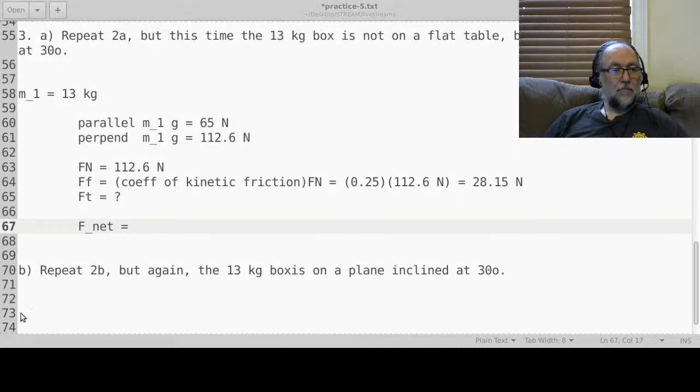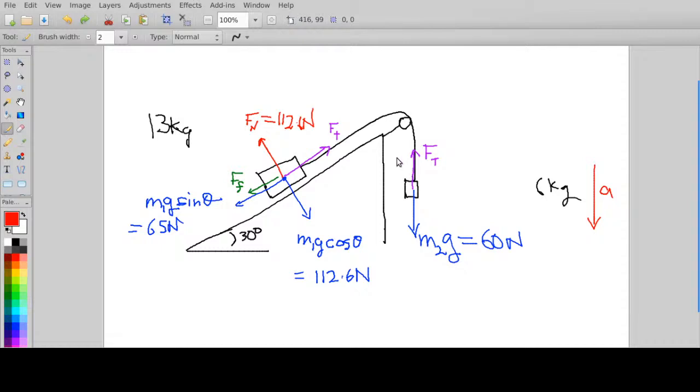Let's look at the diagram. We're looking at the 13 kilogram, and Fnet is the sum of all the forces. We argued that this one cancels that one, so those two are out of the picture. There are only three left: the tension, the force of friction, and the parallel component.